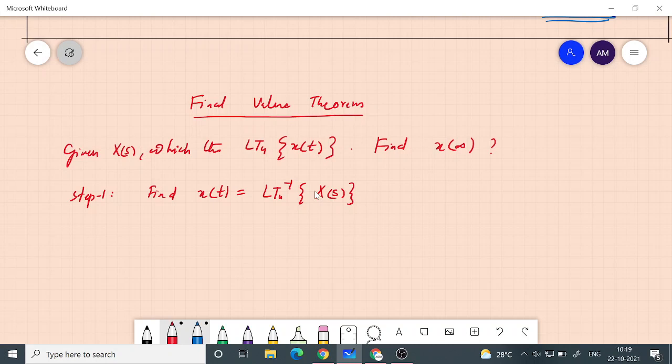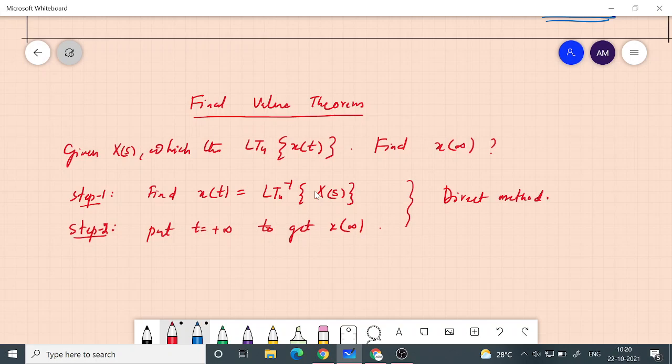That will require partial fraction expansion and all. Then step 2: put t equal to plus infinity to get x of infinity. So that is a straightforward method, the direct method.